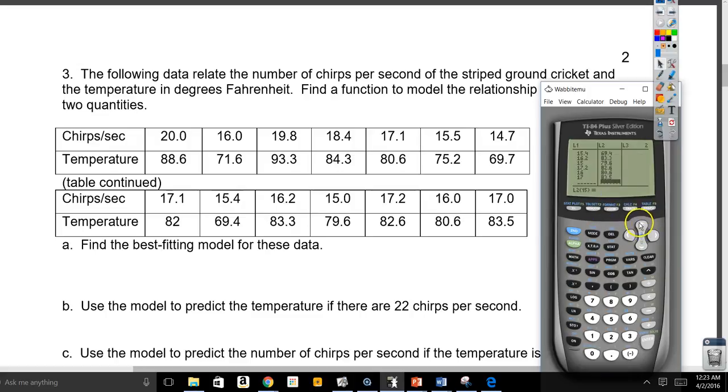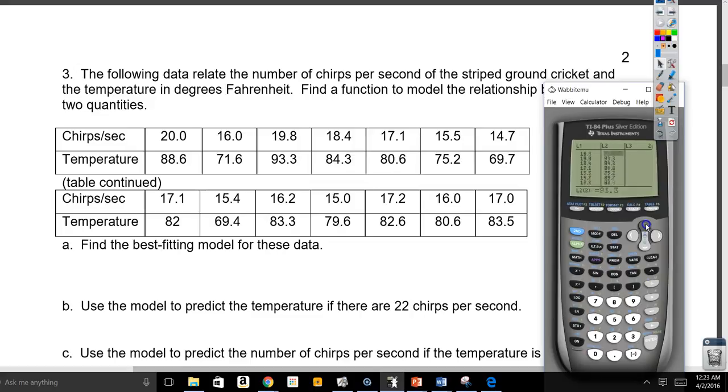Okay, so I've typed all my data in, and I'm going to go back to the top and just make sure I've got it all right. 20, 88.6, 16, 71.6, 19, 18.4. Now notice here it ended, and I just continued my columns on the next row. If you look down through here, 17.1, 82, same columns.